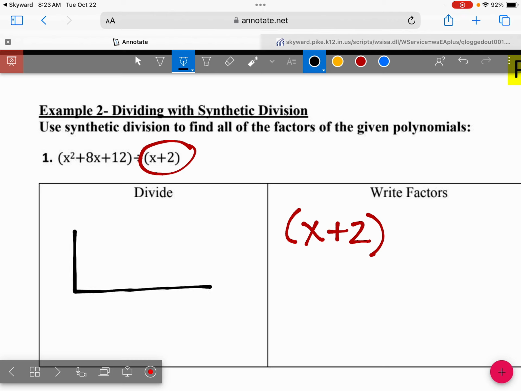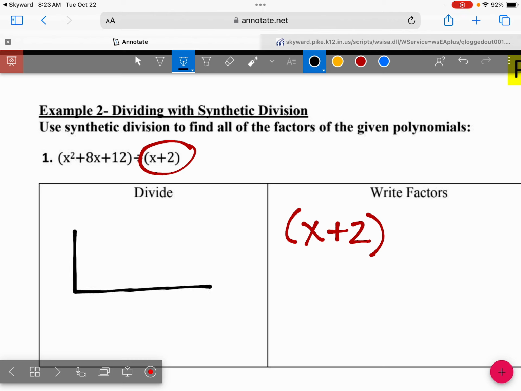If x plus 2 equals 0, then -2 is going to go on the outside. Now we're going to list our 3 numbers, which would be a 1, a +8, and a +12.